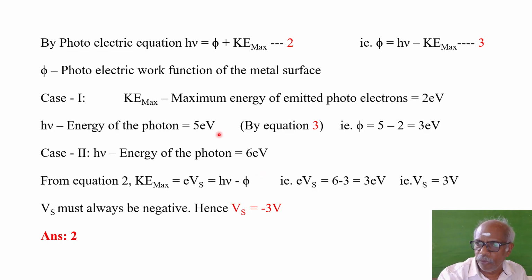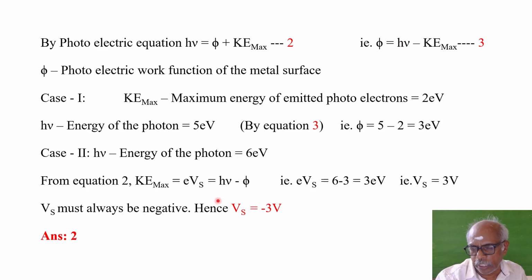Initially, photons of 5 eV were incident on the metal surface. In the second case, 6 eV. So KE max, that is eVs, is equal to h nu minus phi.